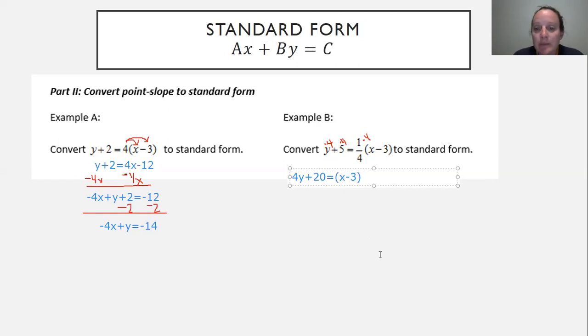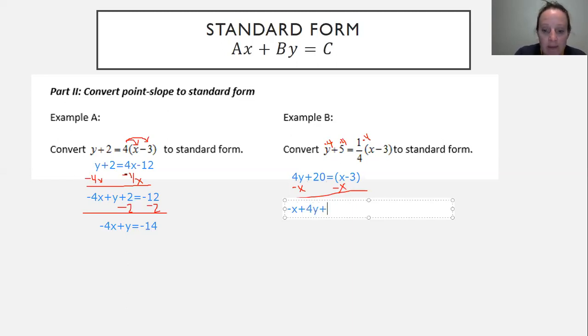Doesn't that look a lot cleaner and nicer than having to deal with 1/4? Absolutely. So just clear out the fractions. Now I have to get my x to the other side, so I'm going to subtract x from each side. Again, I can't combine that x with anything because they're not like terms, so I get this.